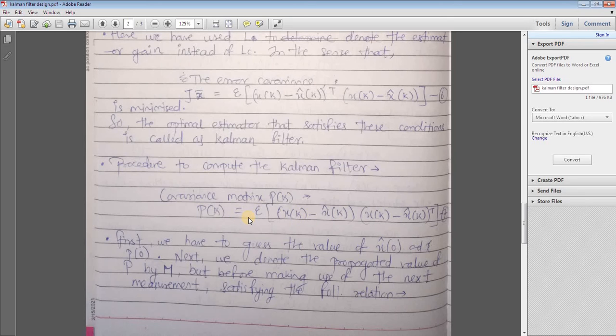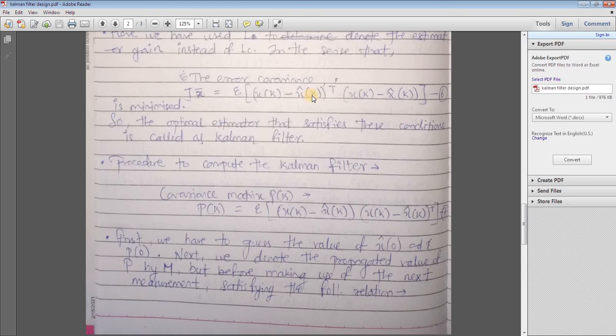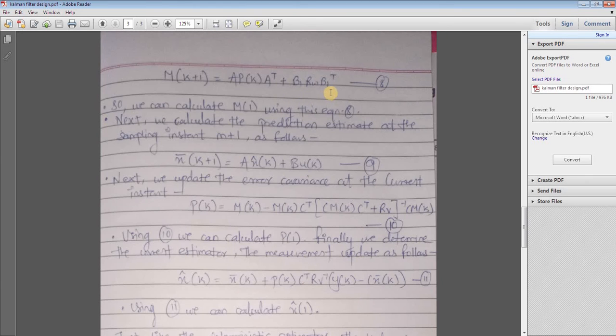After that we denote by M the propagated value of P. So the propagated value of P is denoted by M in the second step, but before making use of the next measurement we have to satisfy the following relation: M of k plus 1, the propagated value of P, equals A P of k A transpose plus B1 R_w B1 transpose.